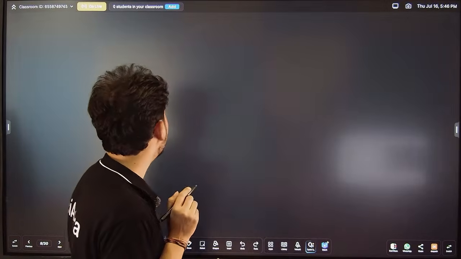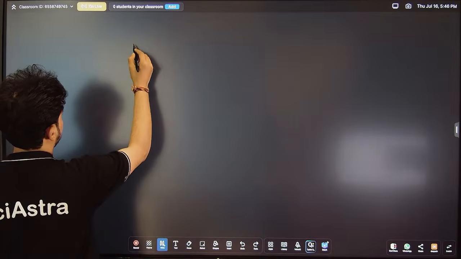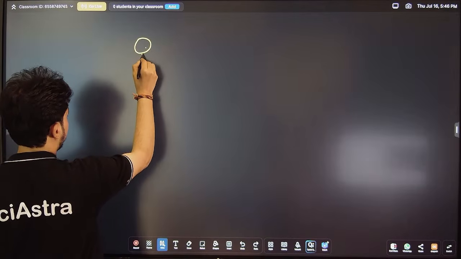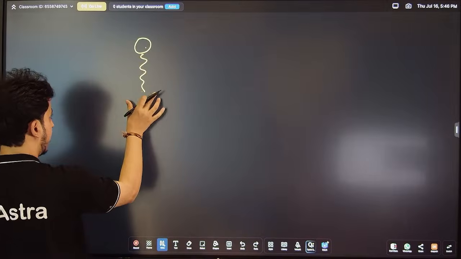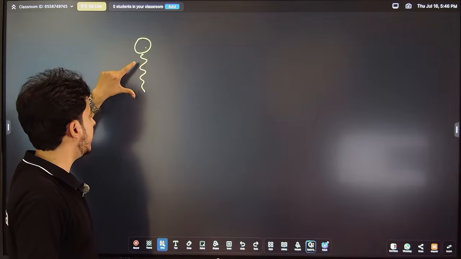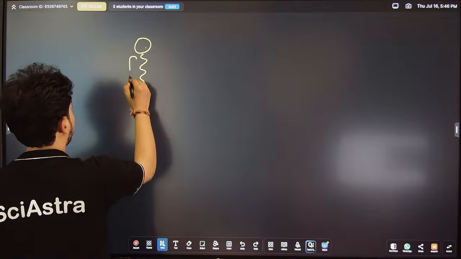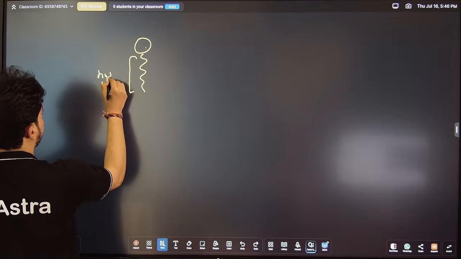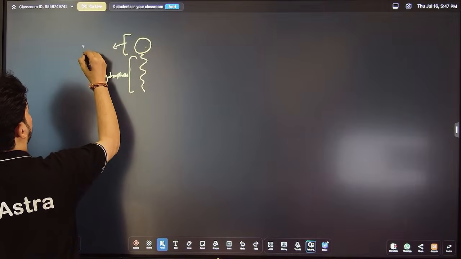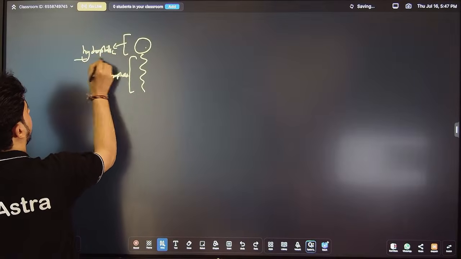If we understand the first structure, let's say you have a hydrophilic head and a hydrophobic tail, that is this chain. This tail is made up of fatty acids. You know what fatty acids are? They are long chain carboxylic acids. So this is the hydrophobic part, and this head is hydrophilic, correct?